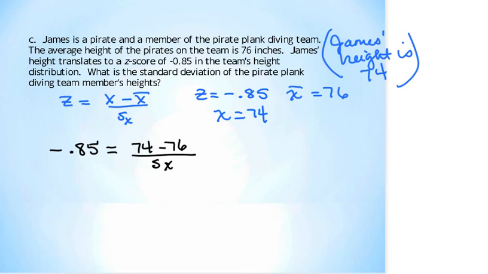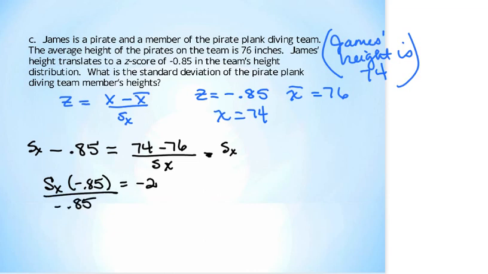I'm going to just multiply both sides by the standard deviation so I can get rid of that. So the standard deviation times negative 0.85 is equal to negative 2. Divide by negative 0.85, and I get 2.35, I think.